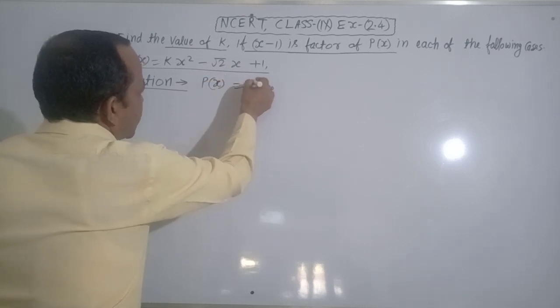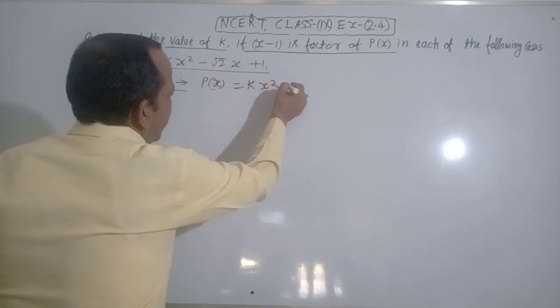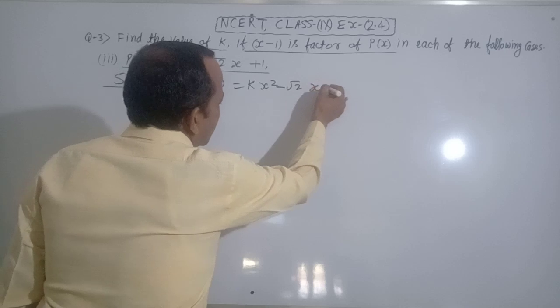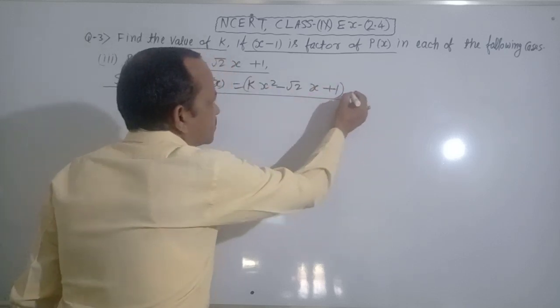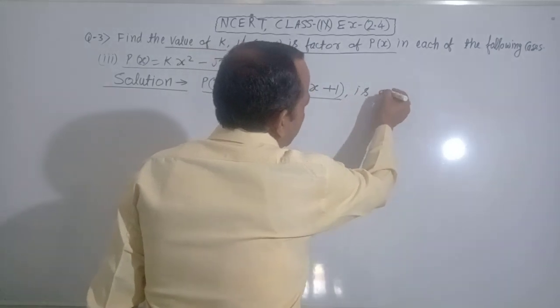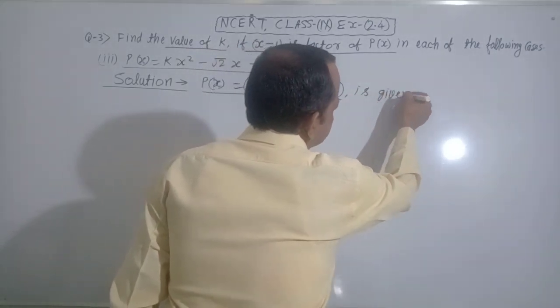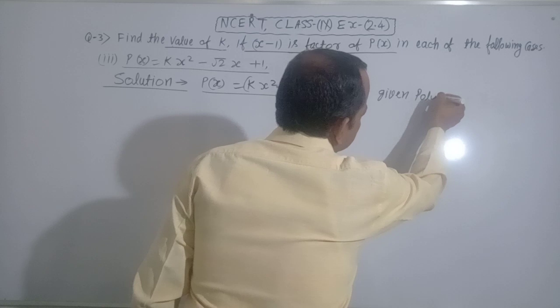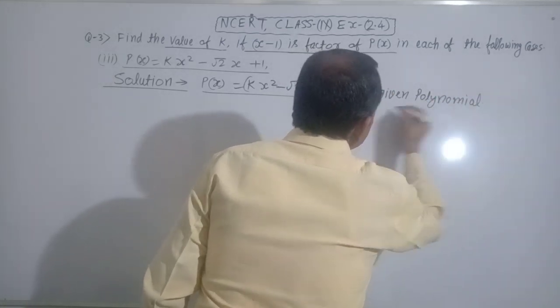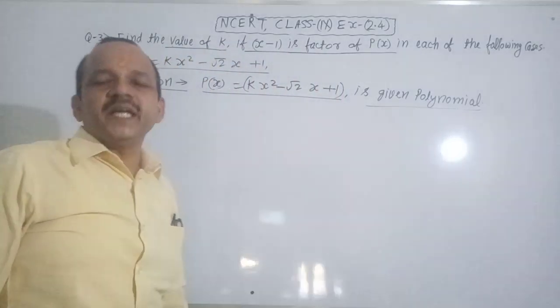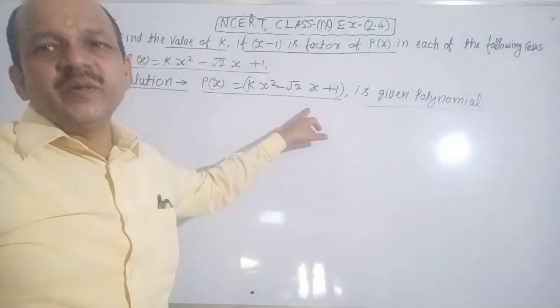p(x) equals k x square minus root 2 x plus 1 is the given polynomial.